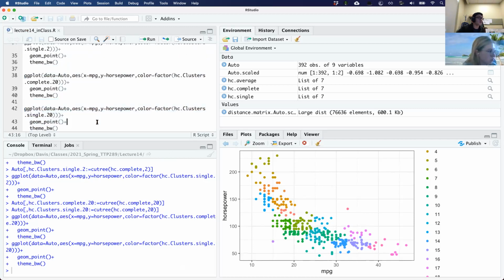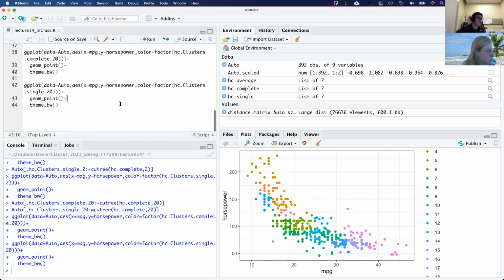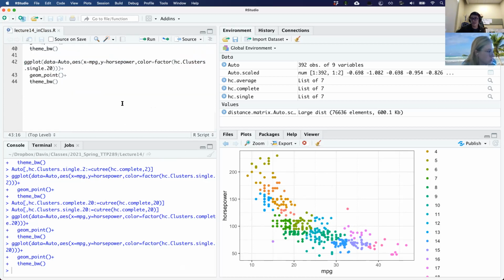I would say most commonly when I've seen applications of hierarchical clustering, most people will do either complete or average linkages due to the fact that you have more balanced clusters. But I don't do a huge amount of work in this area, so I can't say that single linkages are necessarily a bad thing.